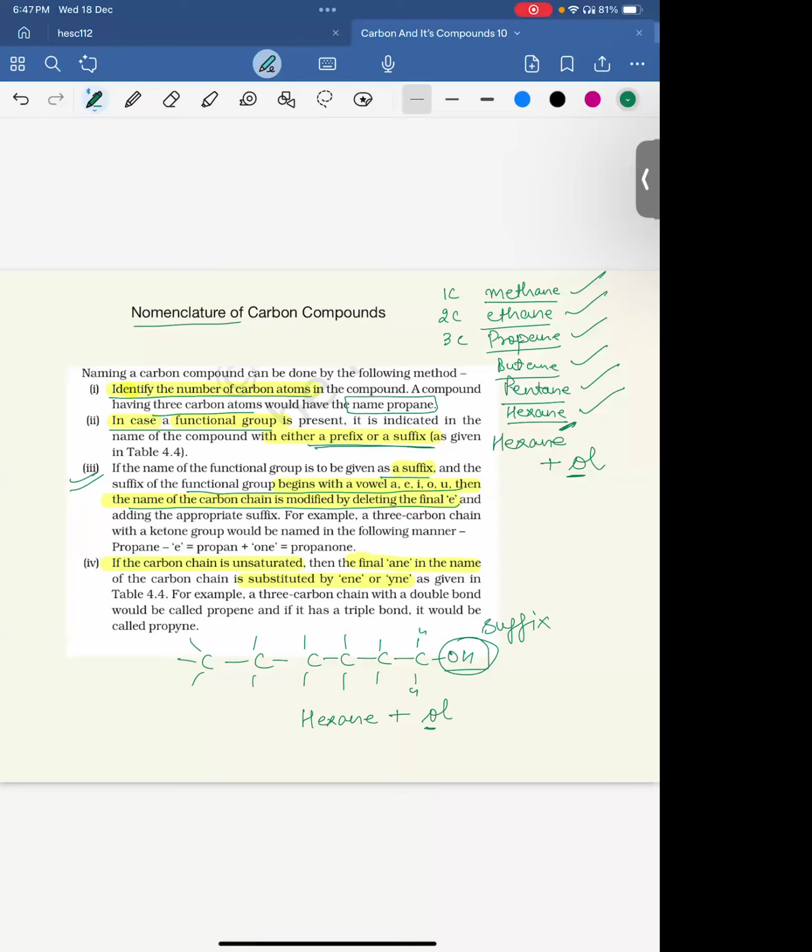But now we see that OL has O, that is, this is a vowel. So the rule is we have to delete the final E in the name of the carbon chain. We'll subtract E from this, and then we'll write hexanol. So this will be the name for this compound.